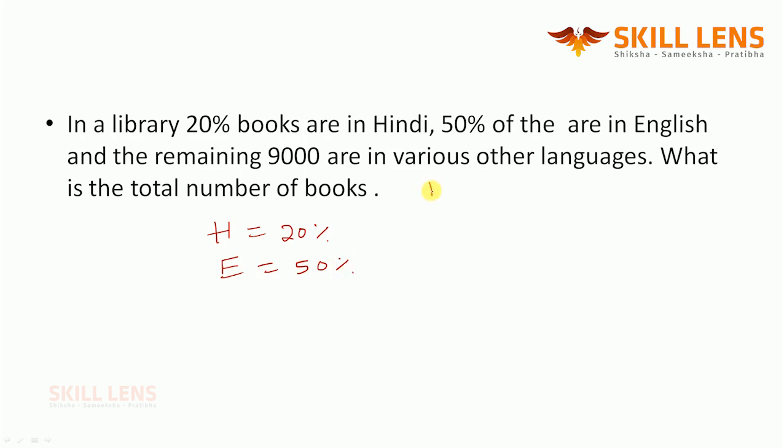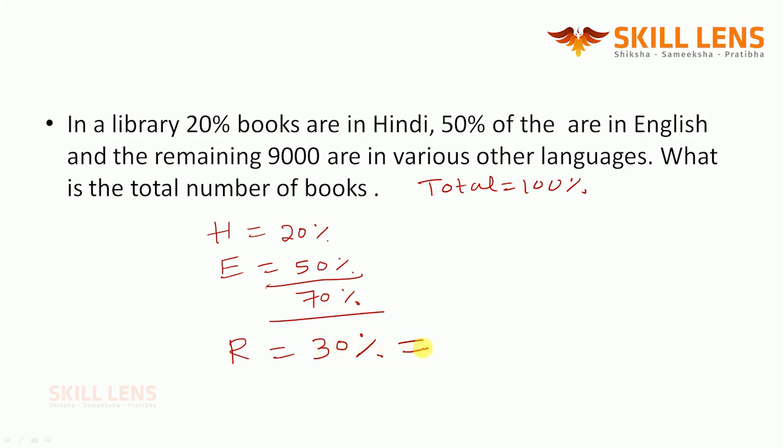If the total books are 100%, Hindi and English already take 70%. Then the remaining books are obviously 30%. I know the numeric value of 30% is 9,000. So 30% is 9,000, then 100% is how much?